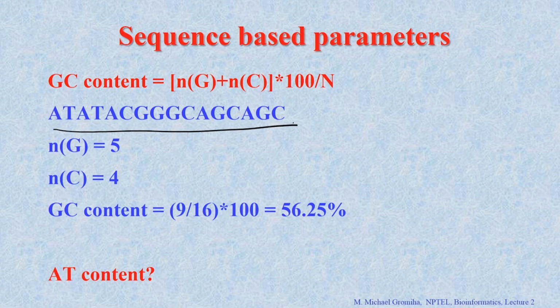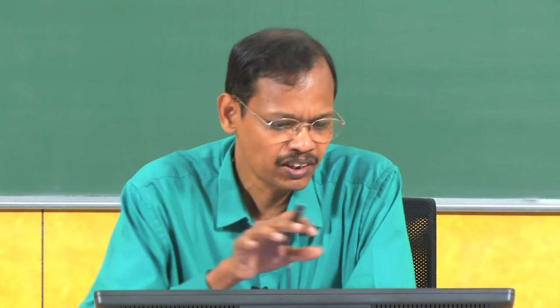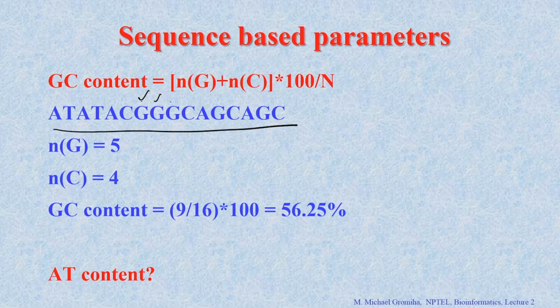Now, this is the sequence. What is the GC content? In this case, GC content means the percentage of G and C in the particular sequence. First, we get the number of G's. How many G's here? 1, 2, 3, 4, 5, the number of G equals 5.